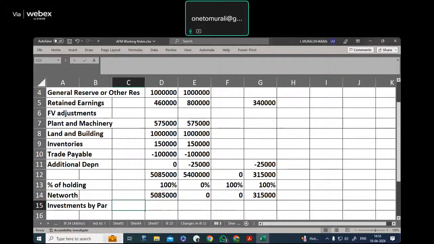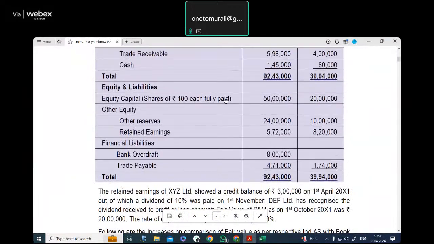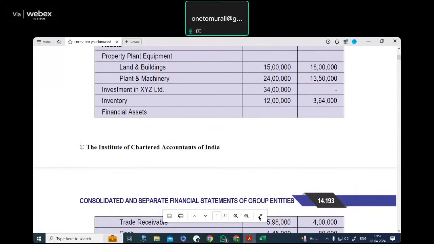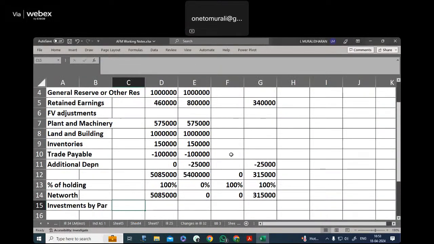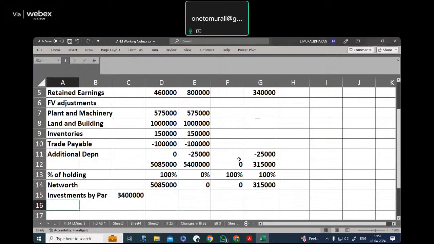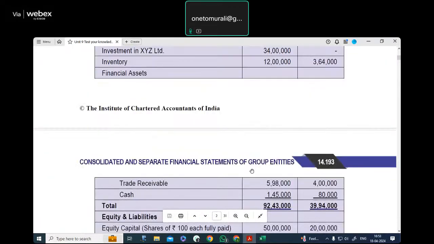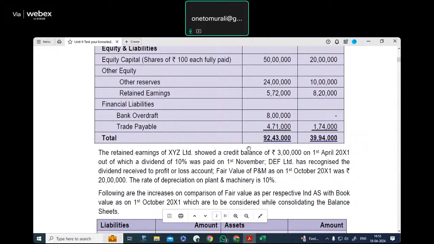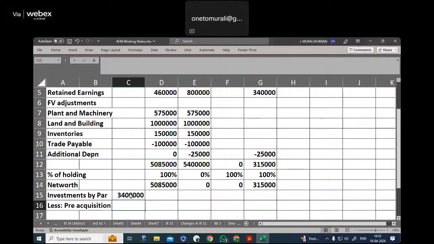How much is the value of investments they've shown there? 34 lakhs. This figure is inclusive of pre-acquisition dividend. How much is the pre-acquisition dividend? We are expected to take up at the rate of 10% on 20 lakhs, 2 lakhs. Minus 2 lakhs. And the same has got to be deducted there.